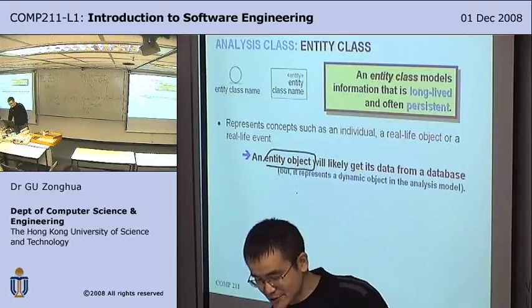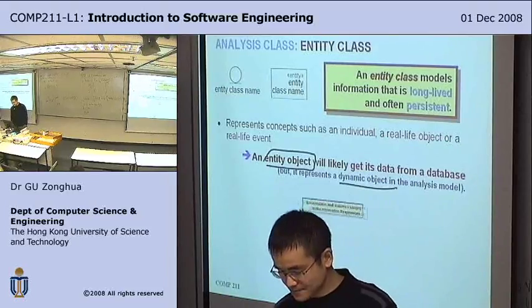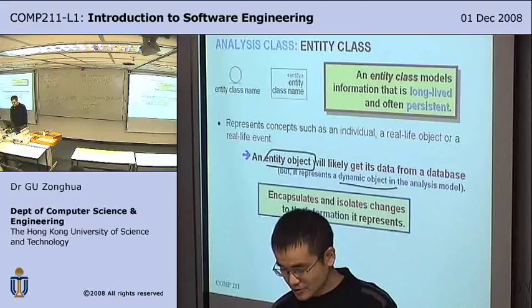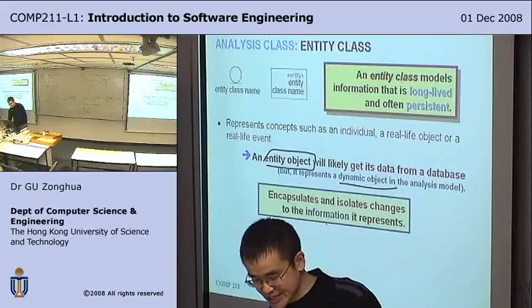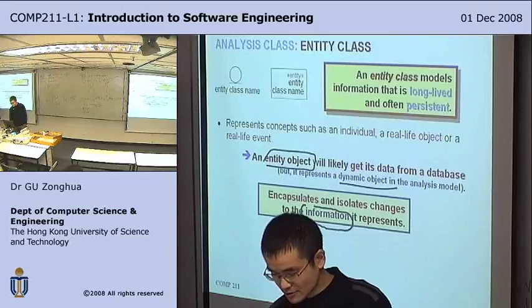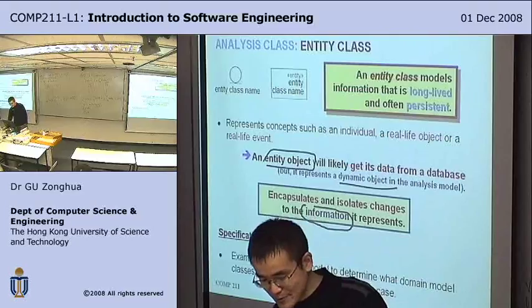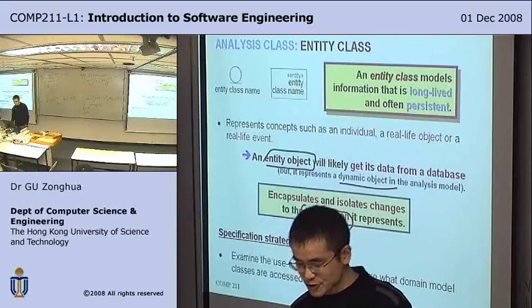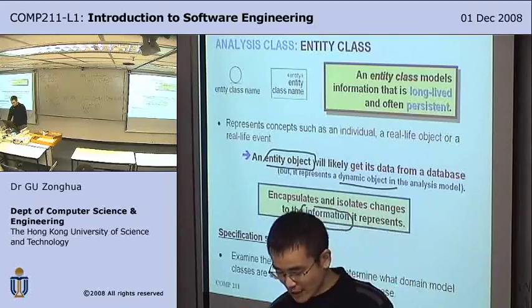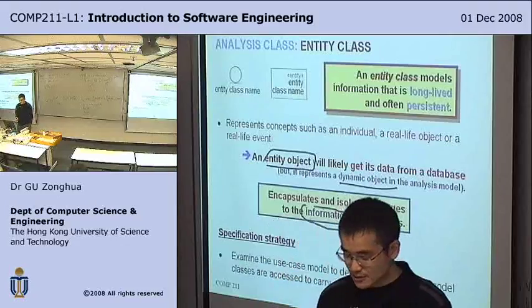It is a dynamic object in the analysis model. It encapsulates and isolates changes to the information it represents. Examine the use case model to determine what domain model classes are accessed to carry out the use case.